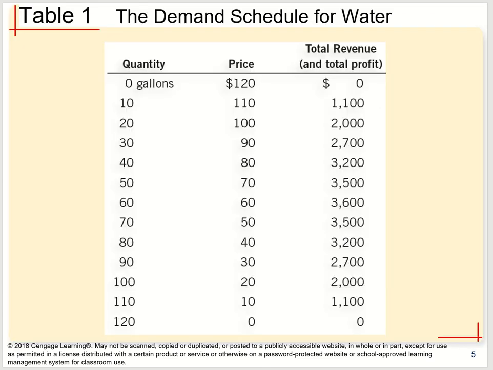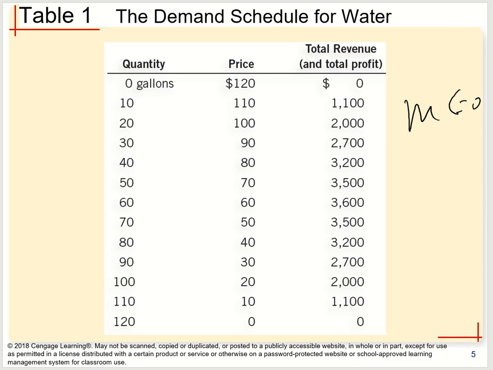All right, so suppose we have an example here. This is a market for water, like your tap water. Let's suppose that for this market, the marginal cost of producing water is 0.